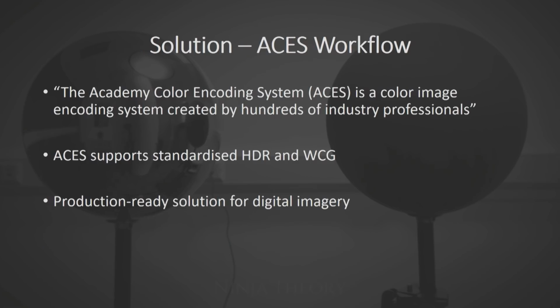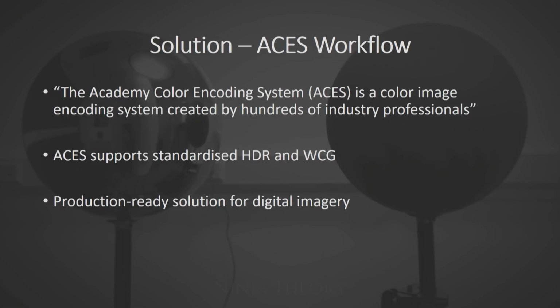So one solution that we can use is the ACES workflow, which I'm sure some people are familiar with. This is the Academy Color Encoding System. It's the system being used in motion picture and post-production to manage digital imagery all the way through, from the DP shooting it all the way until post-production, color grading, and final delivery and archival.